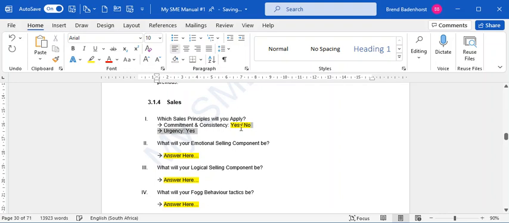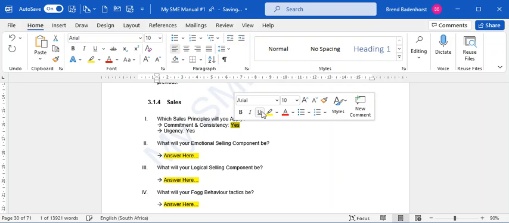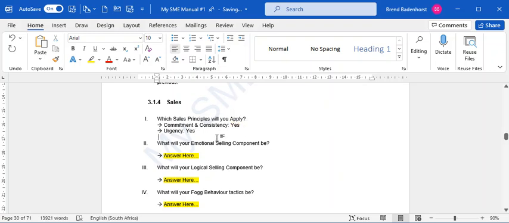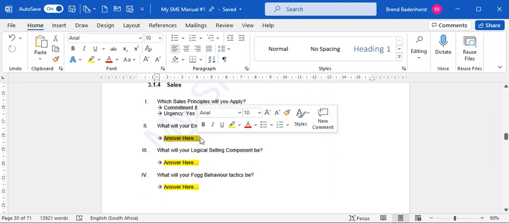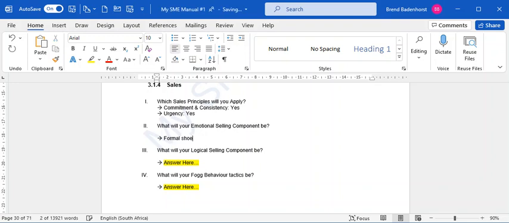Commitment and consistency, definitely. I'm going to get my customers to commit to my product because I know people have a huge bias or need to be seen as consistent. So I want to use that principle of commitment and consistency. My emotional selling concept will be the need, which is formal shoes for men. That's what the market and the market research taught me.